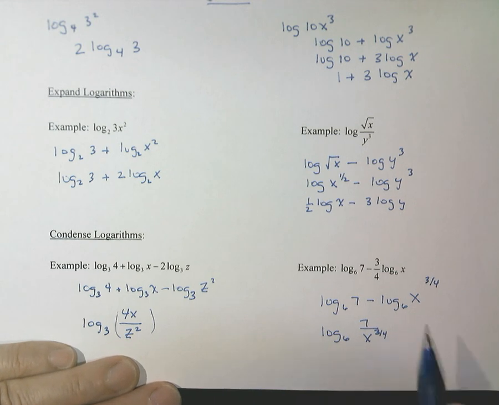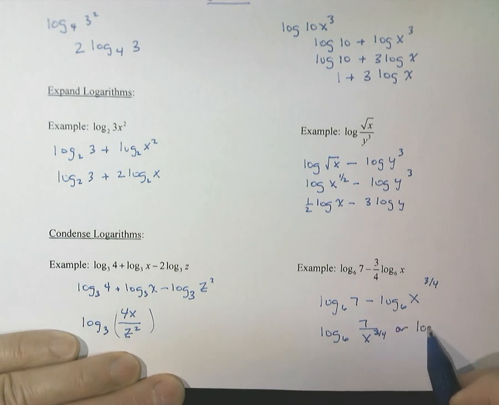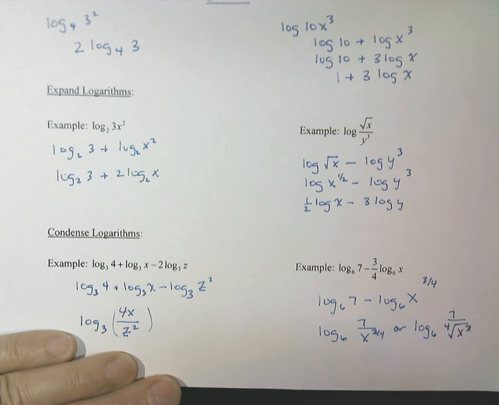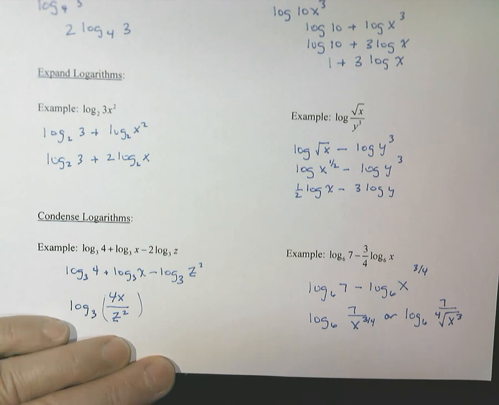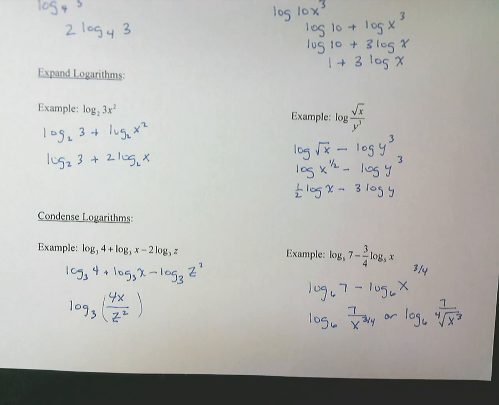Some people prefer it like this, or you can rewrite this rational exponent as 7 over the 4th root of x cubed. It doesn't matter which way. They're both acceptable. It depends on what you're doing with it and what you're more comfortable with. So that's a few examples for the properties, expanding and condensing.